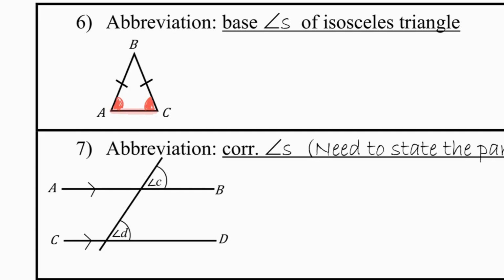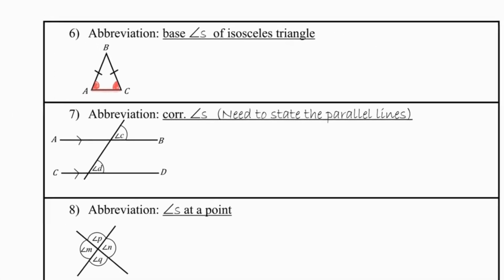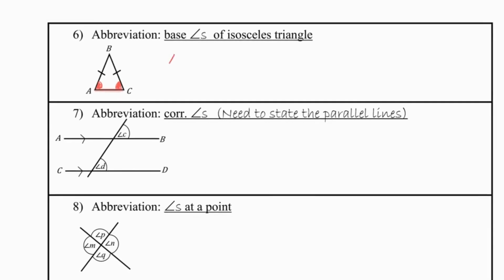That means angle, in this case, angle BAC is equal to angle BCA because they are base angles of isosceles triangle.